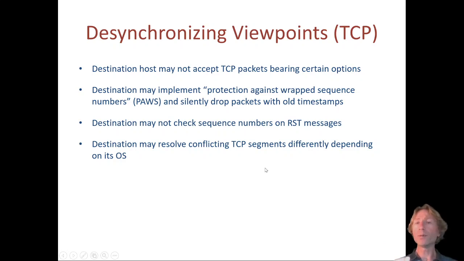If one of your hosts does this and the other one doesn't, you get a desynchronized view. Maybe also your destination doesn't check the sequence numbers on the reset messages, or it may resolve conflicting TCP segments differently depending on the operating system. Just like in IP, there are all sorts of possibilities in TCP also.